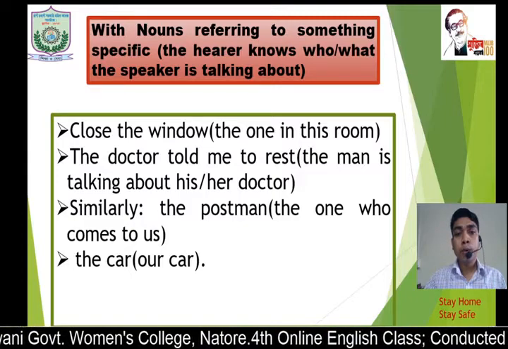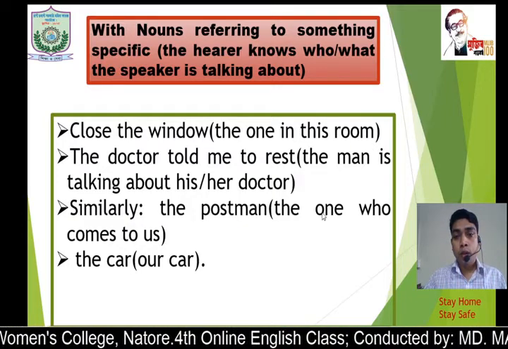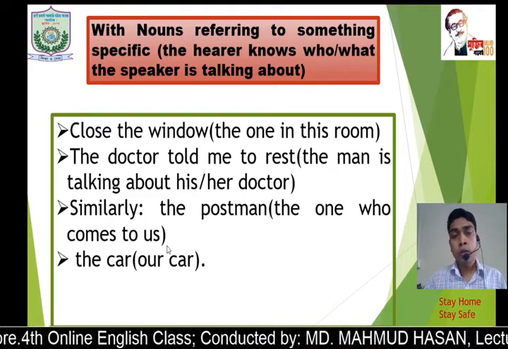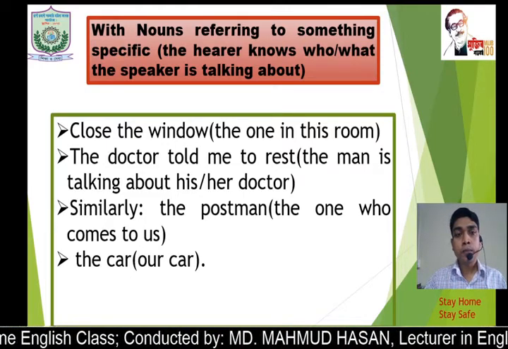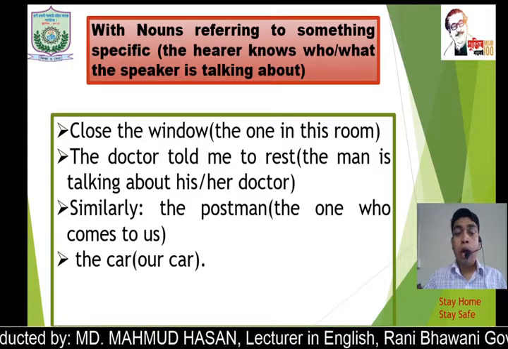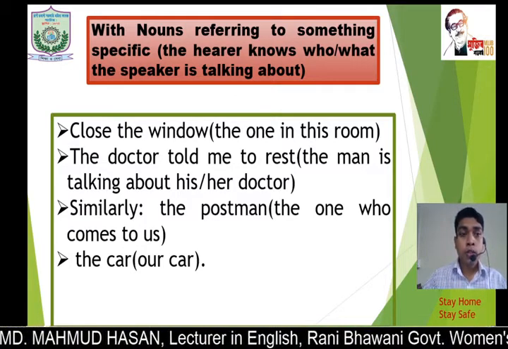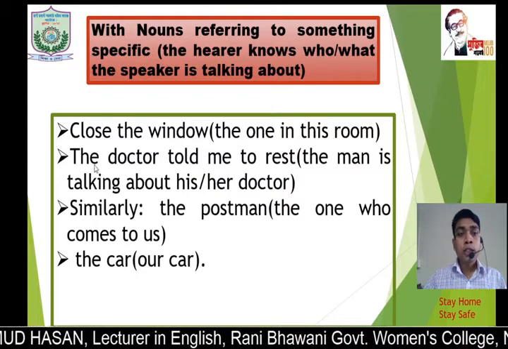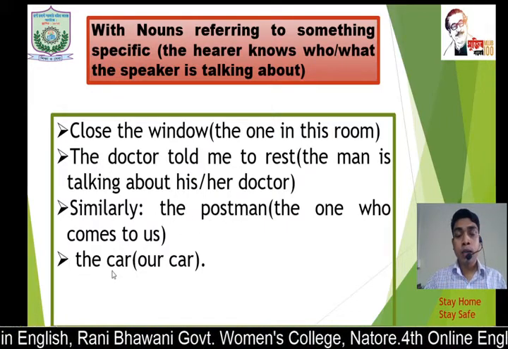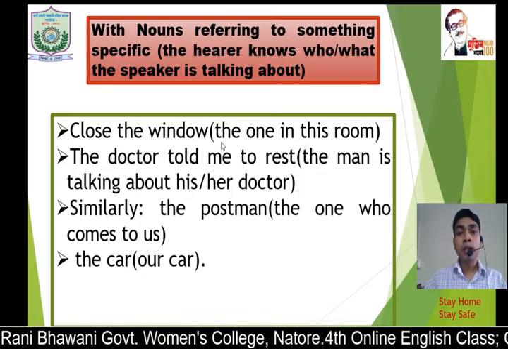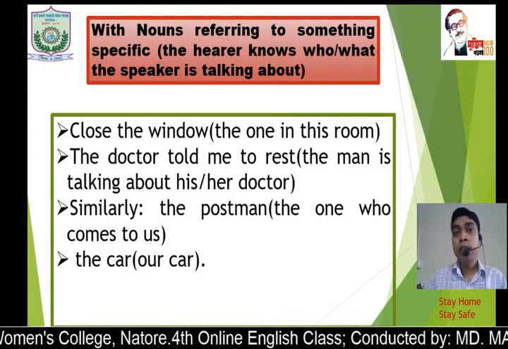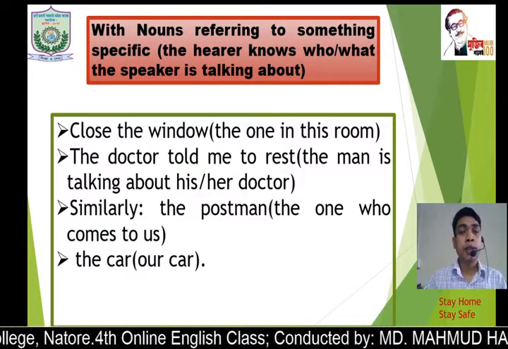Similarly, the postman, the one who comes to us. We all know the postman. The car, our car. So the window, the doctor, the postman, the car: we have used the before all these nouns, and these nouns are specified.